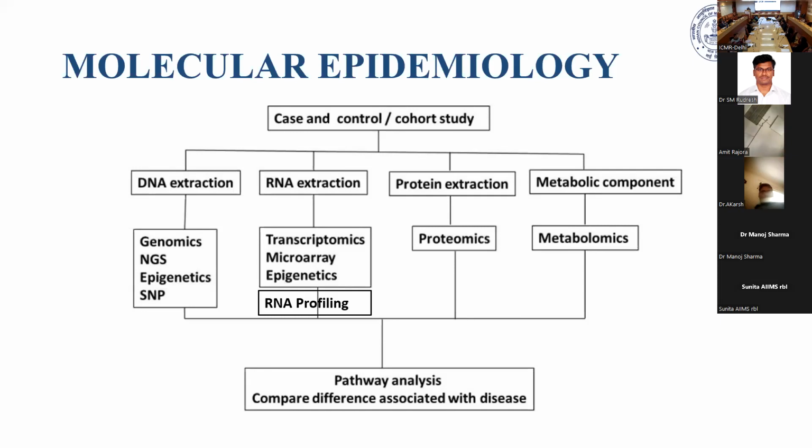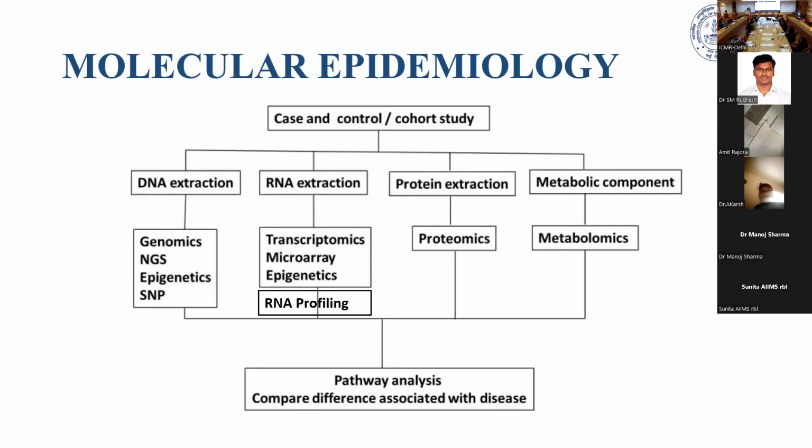If you are talking about the regulation of transcription, that is gene expression, which is affecting the epidemiology, then you want to look at the RNA. Here, one important aspect can be RNA profiling. It is similar to whole genome sequencing. We are looking at the whole composition of the RNA from the body, and based on the samples, you are finding the potential markers.